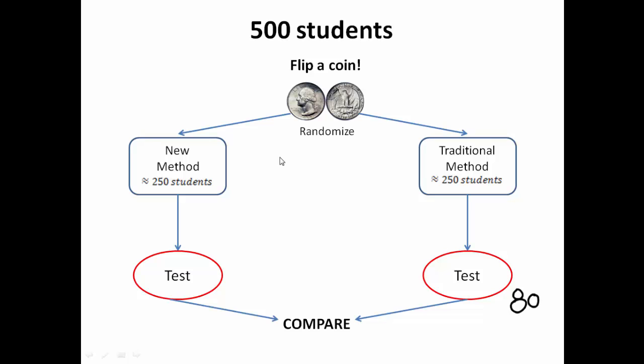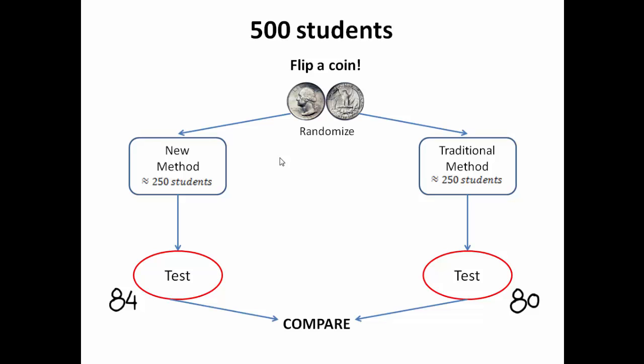After the tests were graded, we find that the traditional method classrooms scored on average 80 on their test, and our new method, the students that were exposed to the new method, scored on average 84.